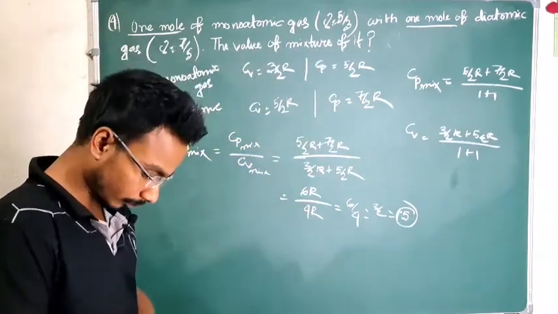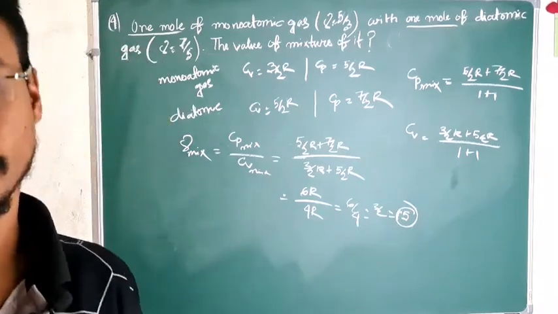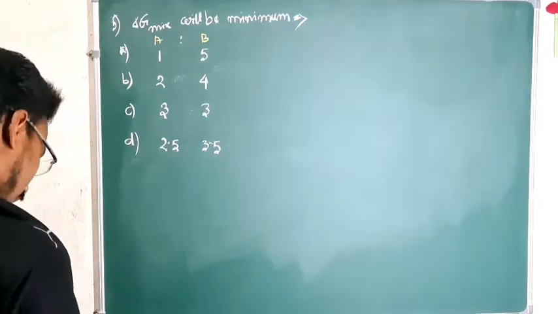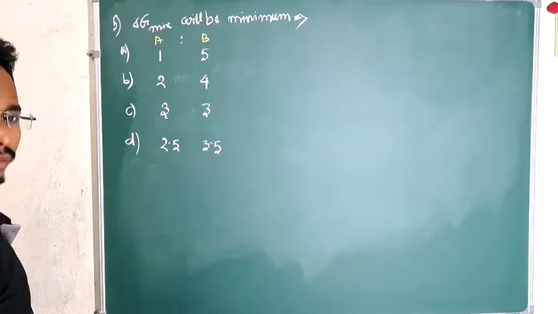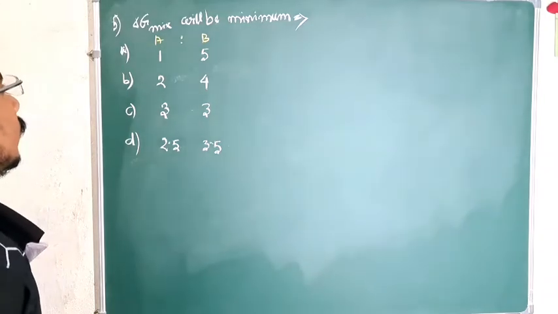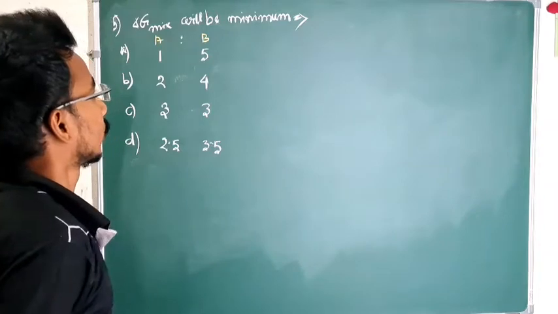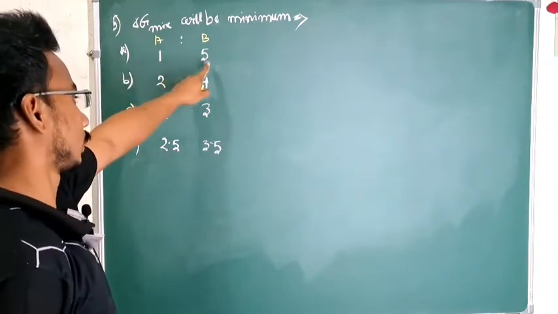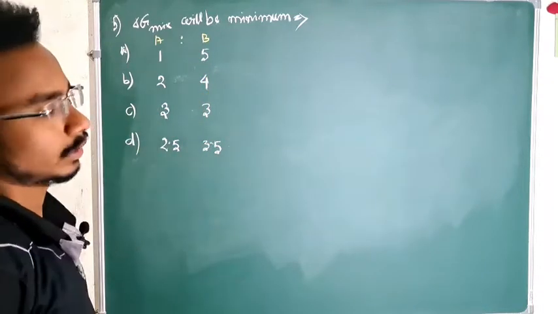Okay, now moving to the next question. Look at this question. It is a very short question, but it is a little bit confusing for you, maybe. But you are smart guys. Look at the question, they are asking about delta G mixing. That will be minimum for which case? 1 mole of A and 5 mole of B, 2 mole of A and 4 mole of B, 3.